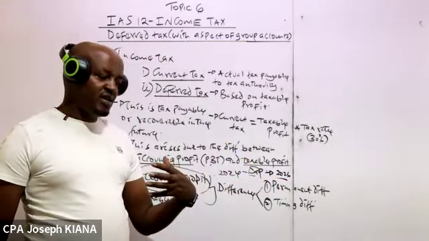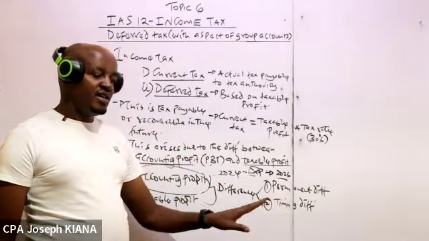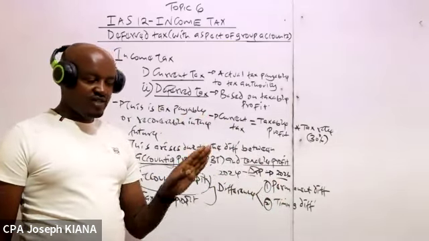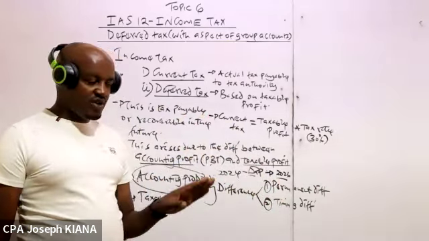Therefore, we say that the difference between accounting profit and taxable profit which occurred in the year 2024 will reverse in the year 2026, when this expense is taken into account in the computation of taxable profit. And this difference is the one which gives rise to deferred tax.